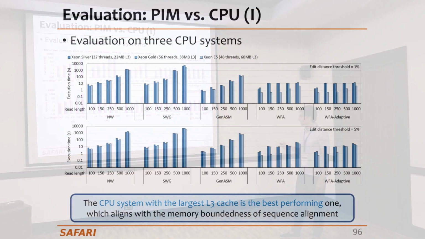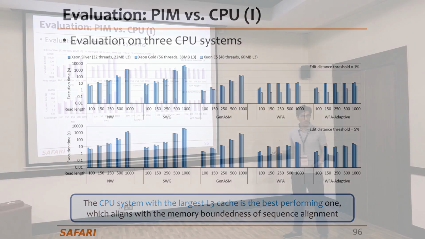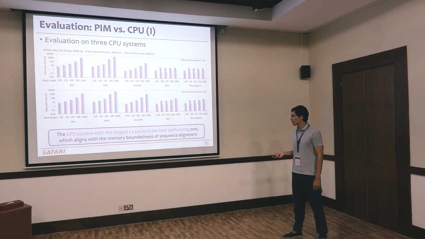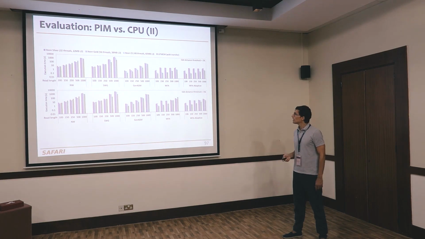Actually, that's one other thing that shows that these are memory-bound workloads: the fastest one is not the one with the largest number of threads, but the one with the largest L3. So in the end, memory-bound workloads benefit from larger on-chip memories, right?